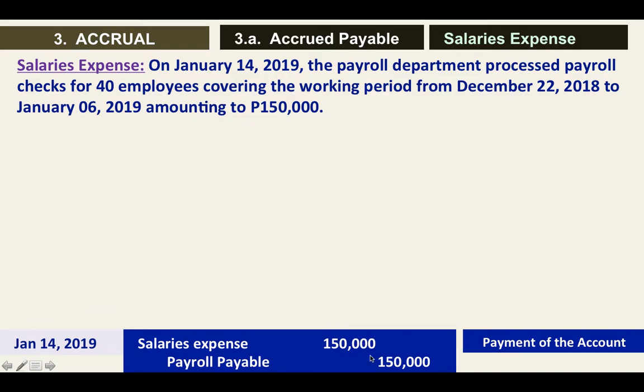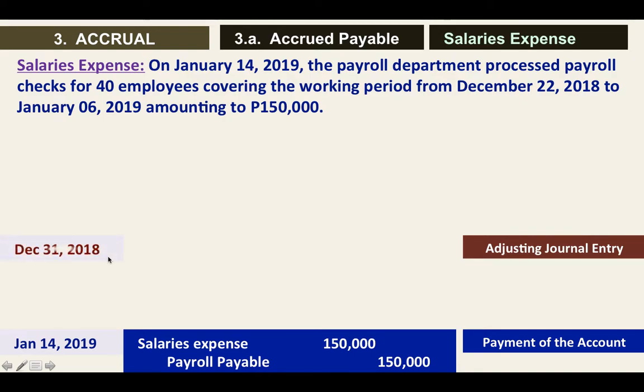However, we have to segregate the portion that is from previous year, which is for 2018. So in this case, we have to prepare an adjusting journal entry for December 31st, 2018. Okay? But before we can prepare, we have to analyze first. Magkano ba yung payroll ng 2018 at magkano ba yung payroll ng 2019.